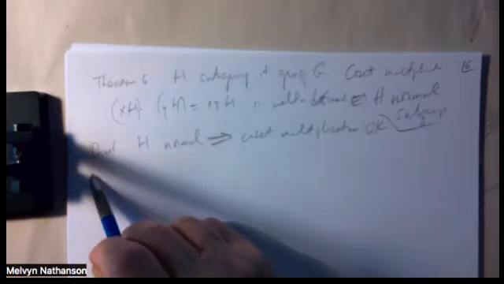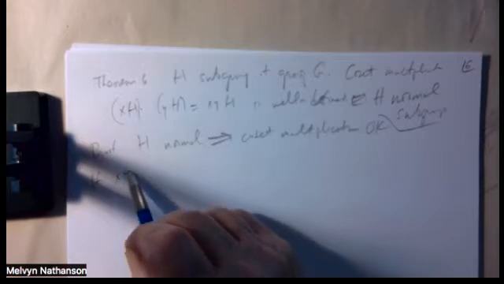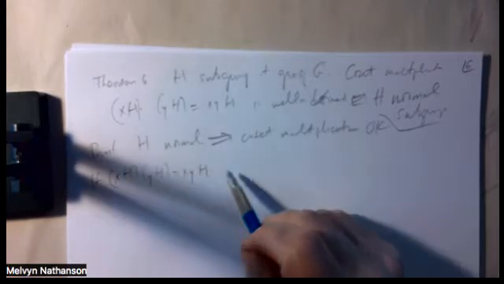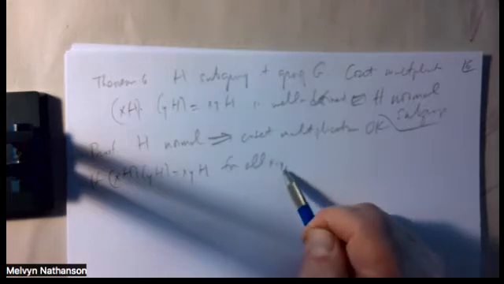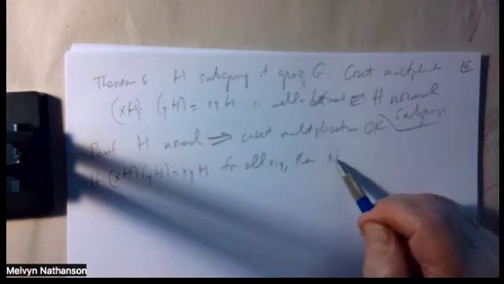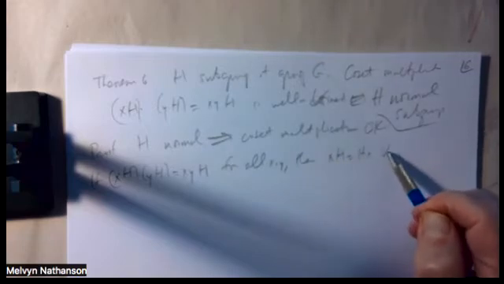But conversely, if xH times yH equals xyH for all x and y, then xH equals Hx for all x, and H is normal. So this is all built into the lemma I just proved. So this notion of coset multiplication works if and only if H is a normal subgroup of the group G.